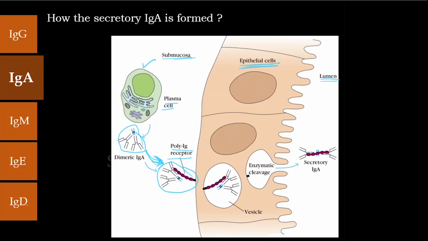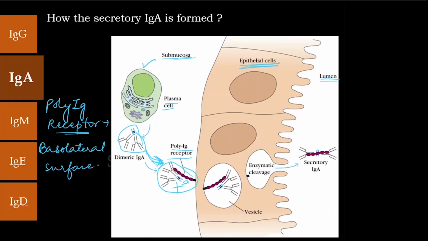Where are these receptors expressed? They are expressed on the basolateral surface of most mucosal epithelia, and on glandular epithelia in mammary, salivary and lacrimal glands.